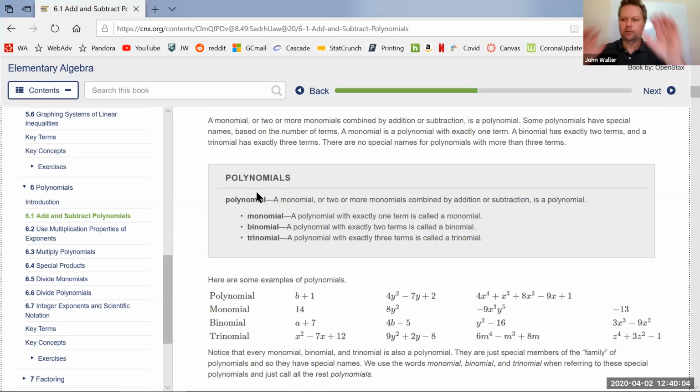A monomial, just like a monocle, is a polynomial that has one term. A binomial has 2 terms and a trinomial has 3. Above trinomial, we just sort of gave up. If it's got more than 3, we just call it a polynomial. Poly means many.